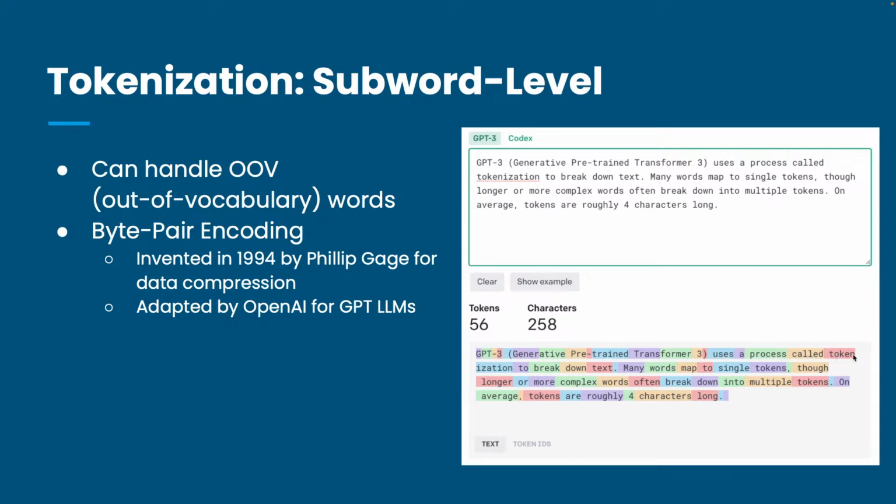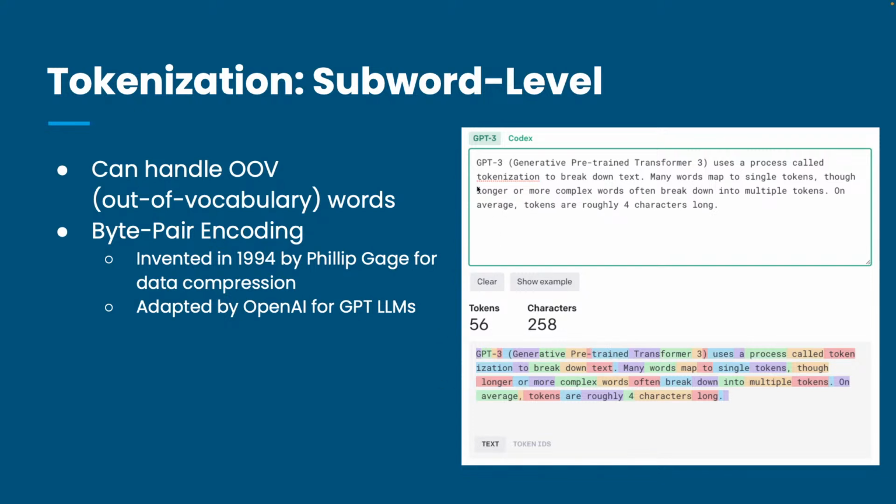We have token as a single token in red, and then ization as another token in blue. And these colors, I don't think they actually mean anything. I think they just denote that every color is a different token. So genera is a different token from ativ, which is a different token from pre, and so on.